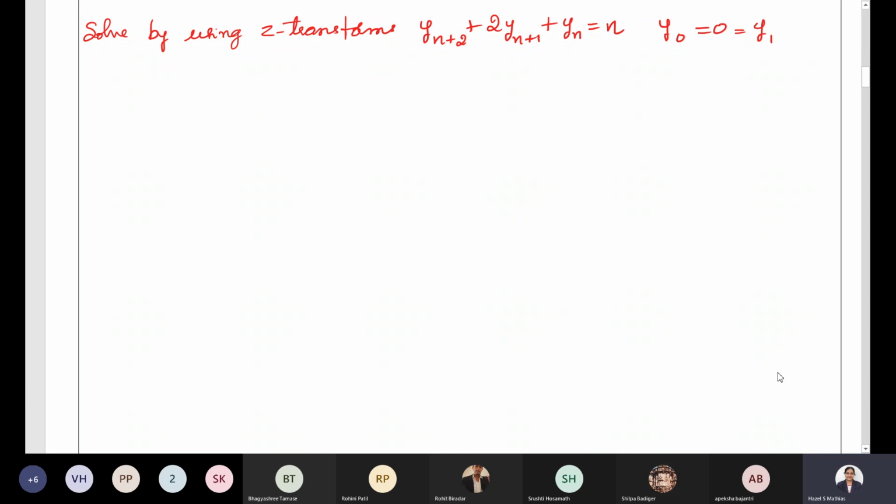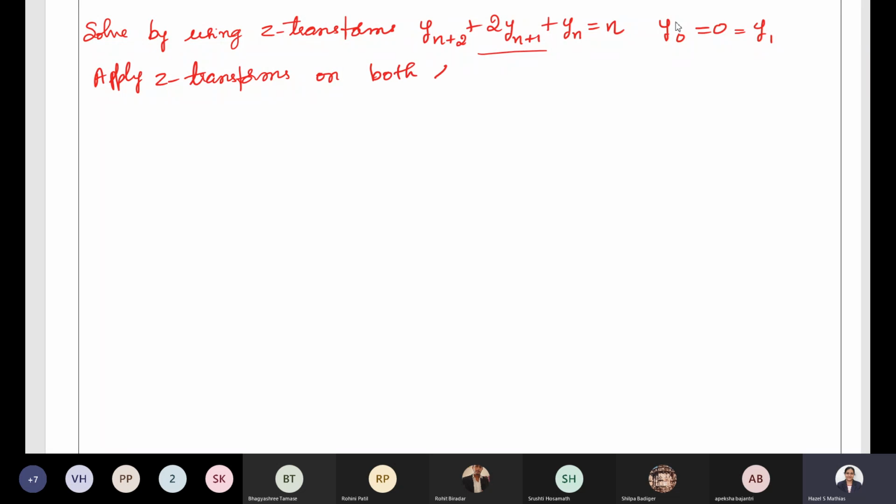First thing, what do you need to do when the difference equation is given? What do we do first? Here is the difference equation. We apply Z transform on both sides. What do we get?